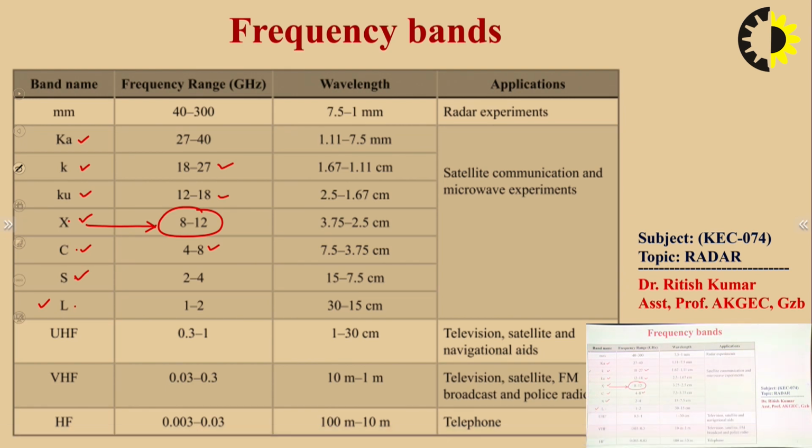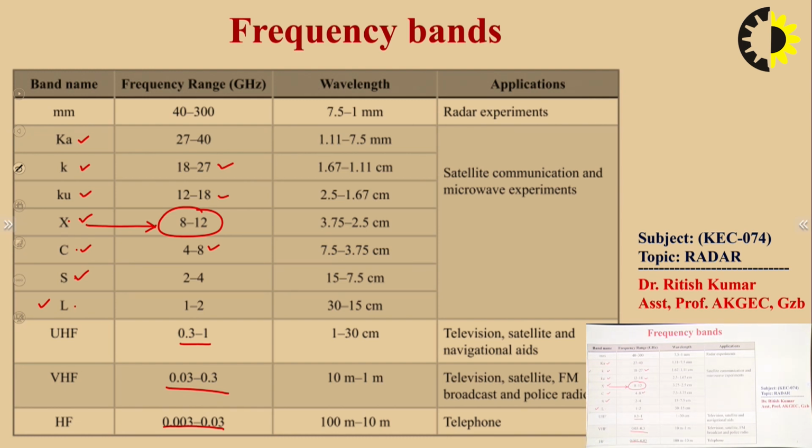application. The rest of the bands, the ultra high frequency band, very high frequency band, and high frequency band, have frequency ranges of 0.3 to 1, 0.03 to 0.3, and 0.003 to 0.03 gigahertz respectively.